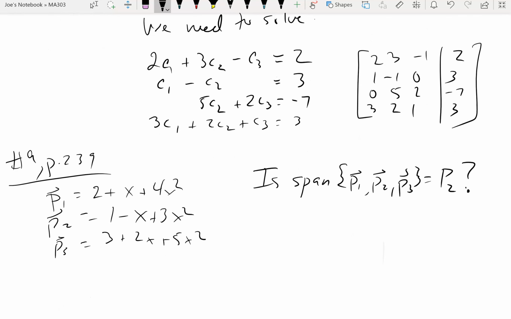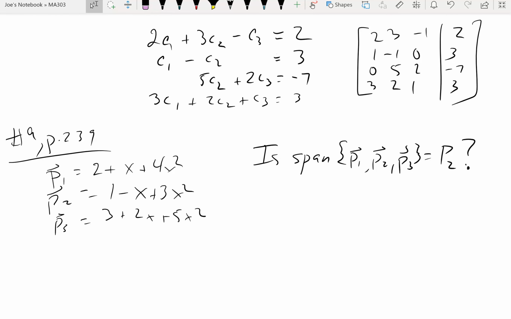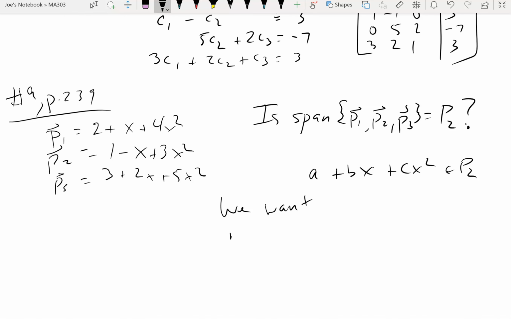All right, so think about it again. If I've got some arbitrary a plus bx plus cx squared that I'm trying to find, just some arbitrary polynomial in P2, we want C1 P1 plus C2 P2 plus C3 P3 is equal to this polynomial.